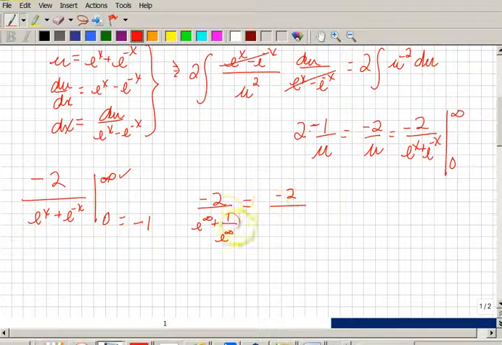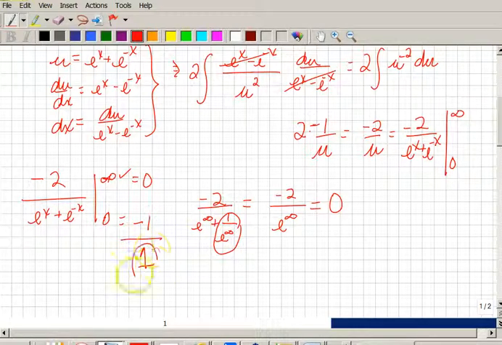And on the bottom, remember, 1 over e to the infinity, the denominator is getting extremely large, so that part is approaching 0. So we've got negative 2 over e to the infinity. And since, again, e to the infinity is extremely large, this whole fraction as a limit is going to be approaching 0. So the top value of this integral is going to be 0, and then when we subtract those two to evaluate the integral, we get 1.